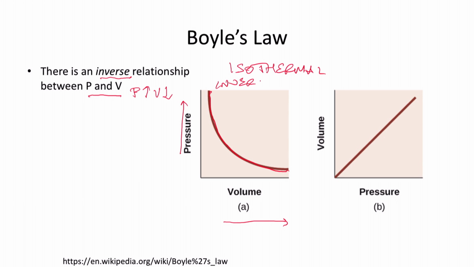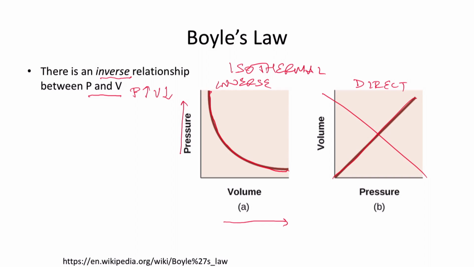Next door is what we're going to call a direct relationship. This was not what was observed. It was not true that as pressure went up, volume went up, but rather the opposite. If you have one of these inverse relationships, you can derive an equation or an empirical observation.